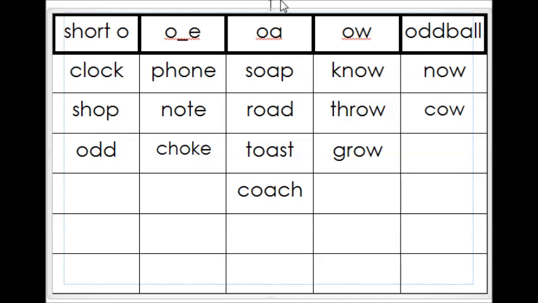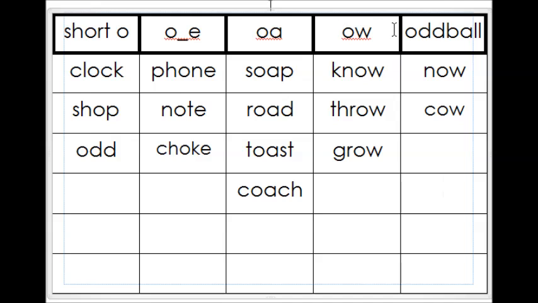So again, it's that same rule. All these rules are the same for short and long vowels. Magic E, no matter what vowel, and then two vowels together is that first vowel does the talking, second vowel does the walking.